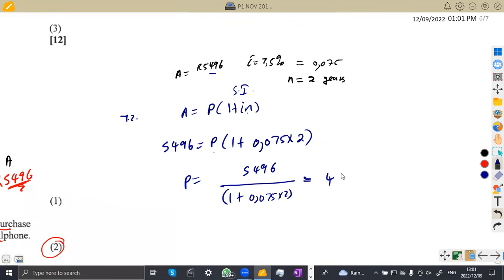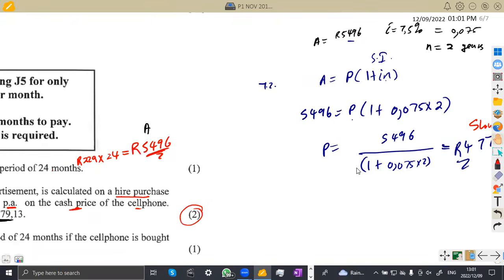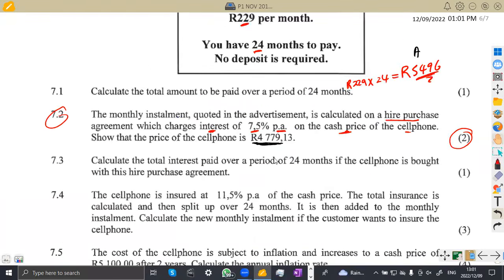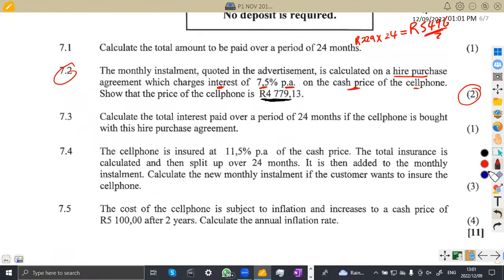So you're going to have 4779,13. So actually that is the P that we're asked to show. So that's it. This one is shown. This is the value that we're asked to show here. That's actually 2 marks. We're not supposed to have a longer working for that.